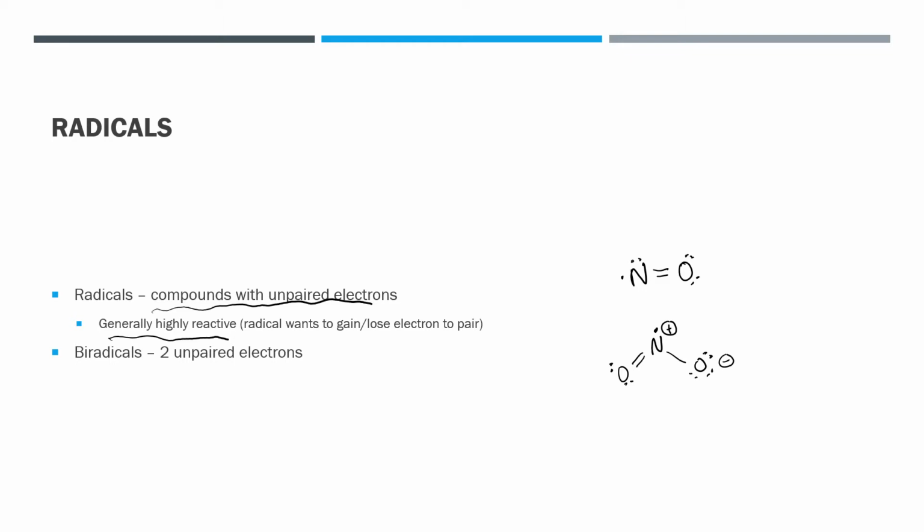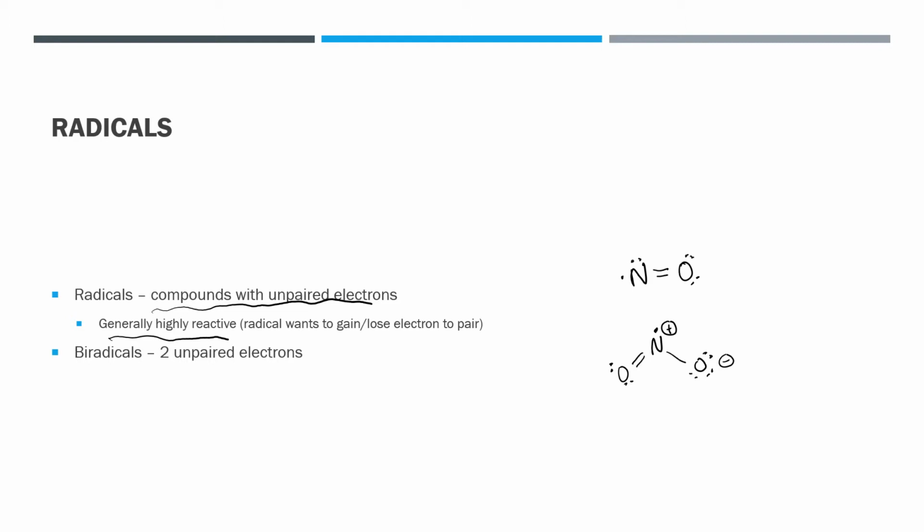So radicals want to gain an electron so that the unpaired electron can now become paired, or they want to lose an electron so that the unpaired electron can just leave. Then all the other electrons are still paired. So a radical is very reactive because it can either gain or lose an electron and it'll become happier.